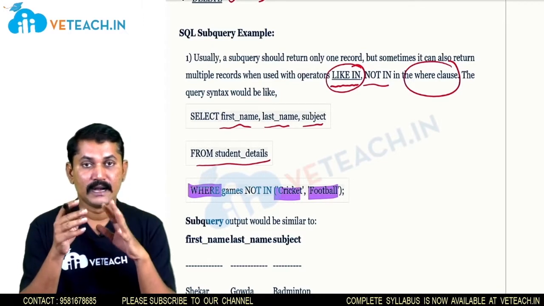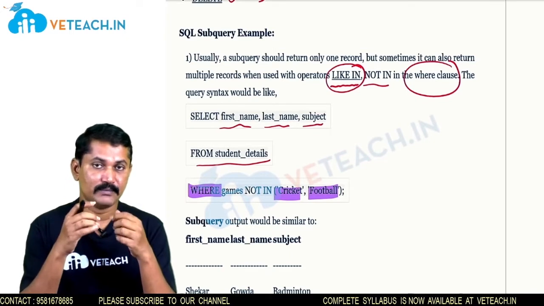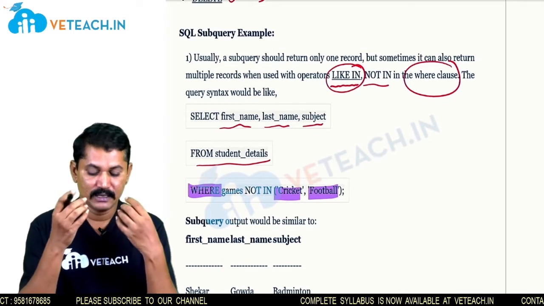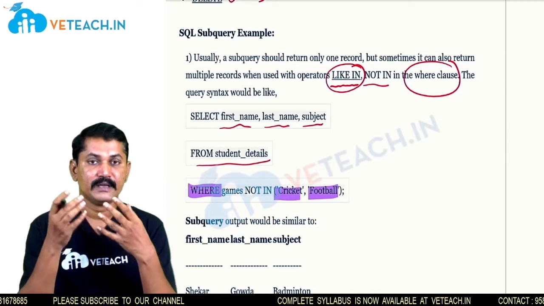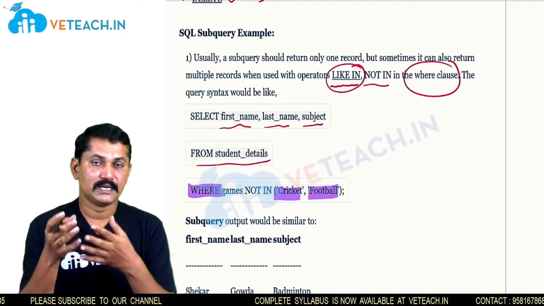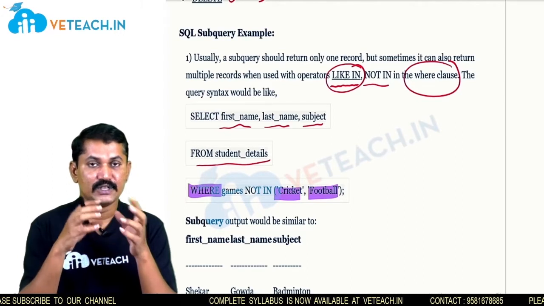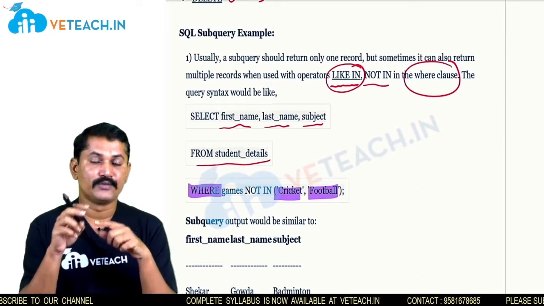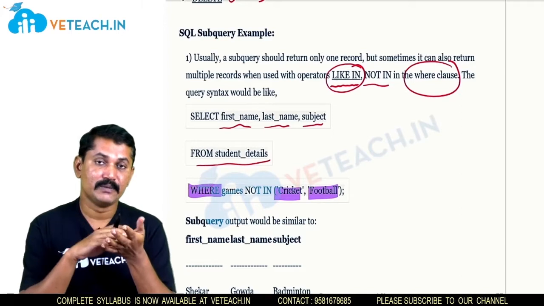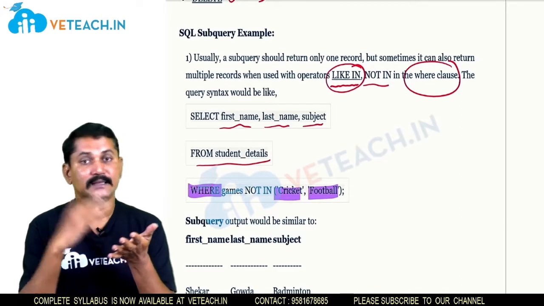Multiple records may be extracted, because games are not only cricket and football, there might be cricket, football, tennis, court, like that. So we are extracting the data which are not in cricket and football. That means the entries that belong to other games will be extracted.